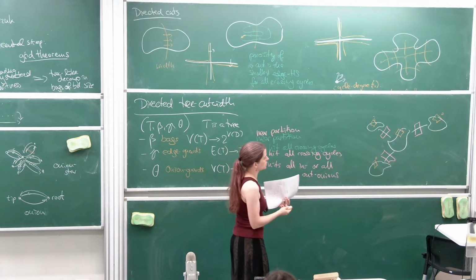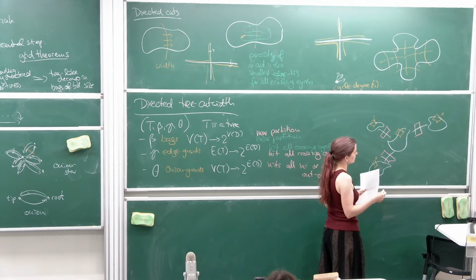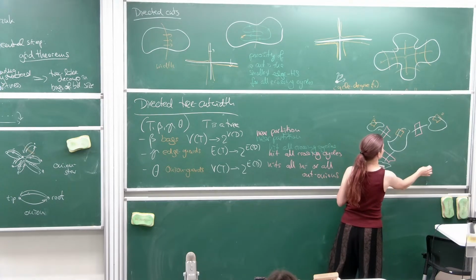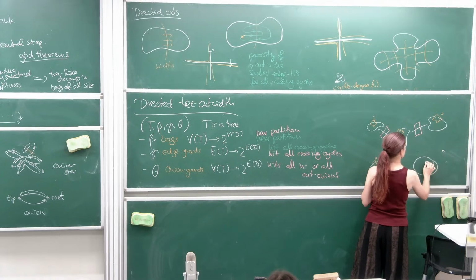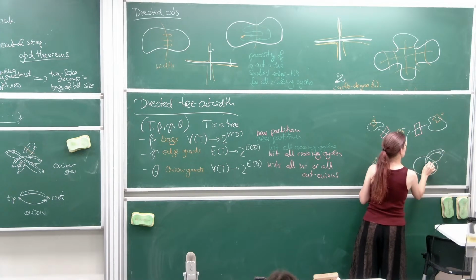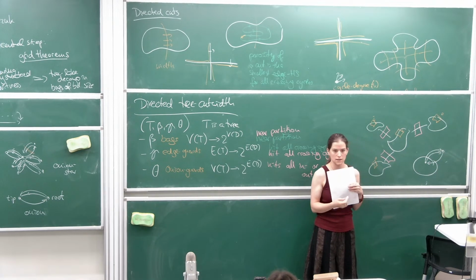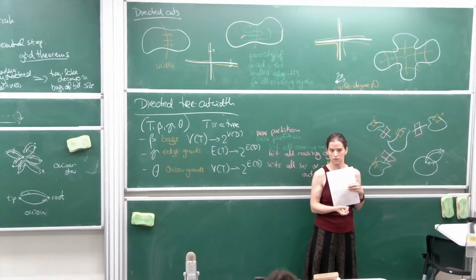And an in onion or an out onion of that bag is either very obviously something that has its root in, the tip out, and then is connected like this, then it's called an out onion of the bag.